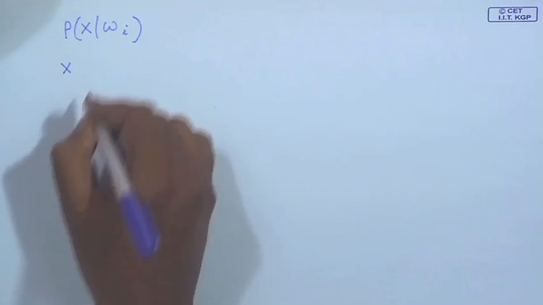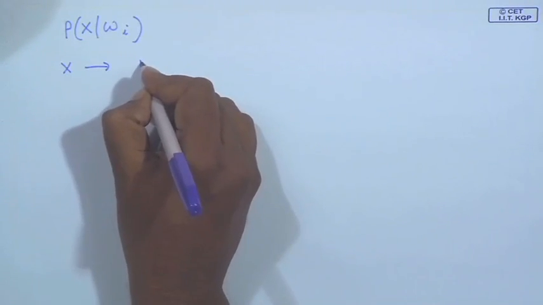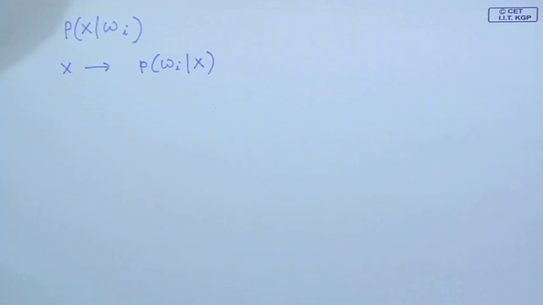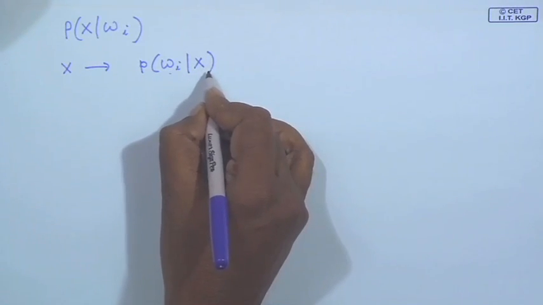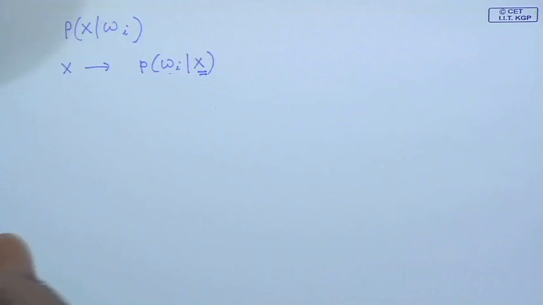Now, from an unknown sample, say x, to classify this into one of the classes, what we needed to compute is P of omega i given x. And that particular i for which P of omega i given x is maximum, this unknown sample was classified to that particular class.